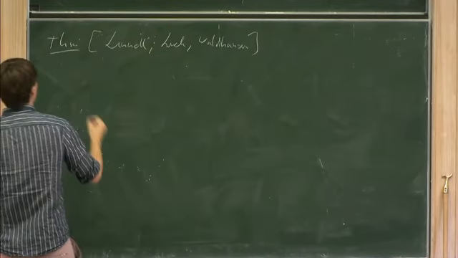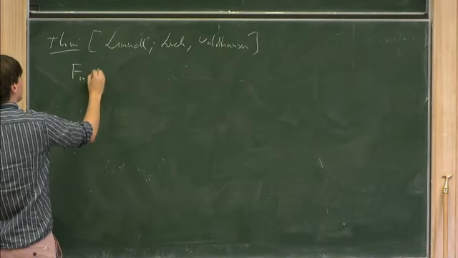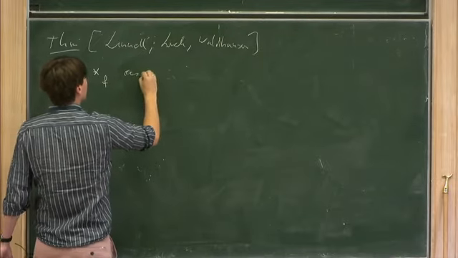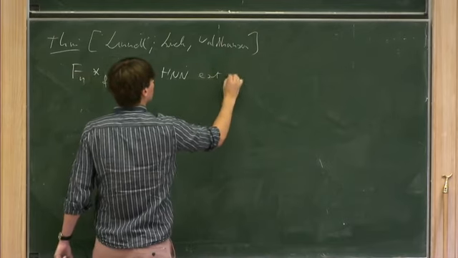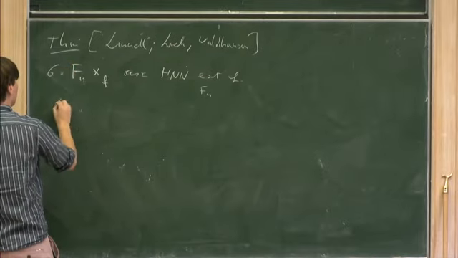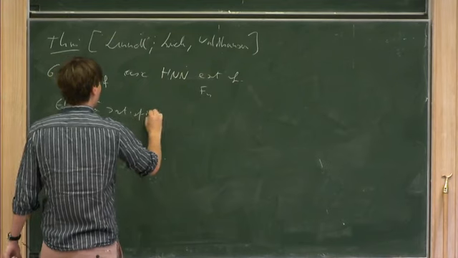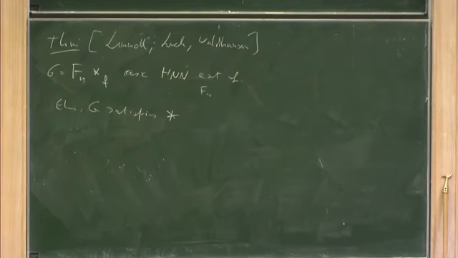They say that if you take a free-by-cyclic group, or even more generally, an ascending HNN extension of a free group, then G satisfies star. And so we can actually apply all of it.